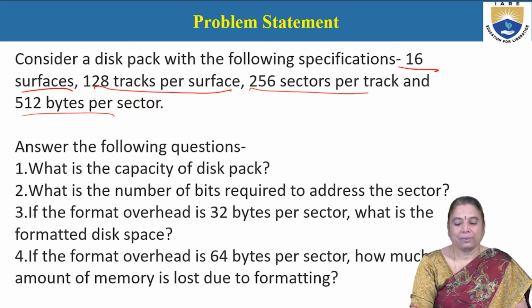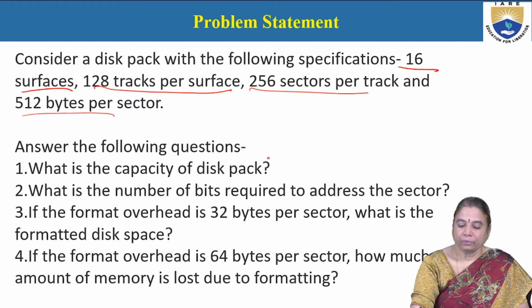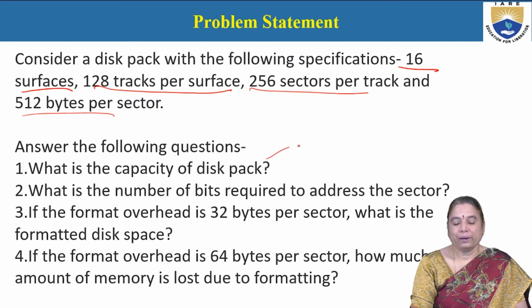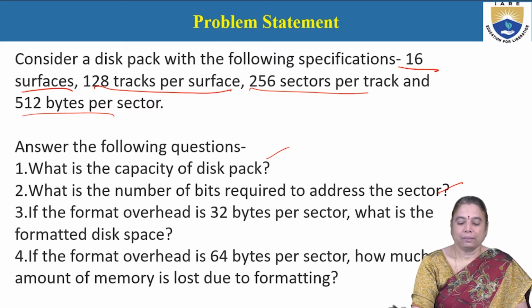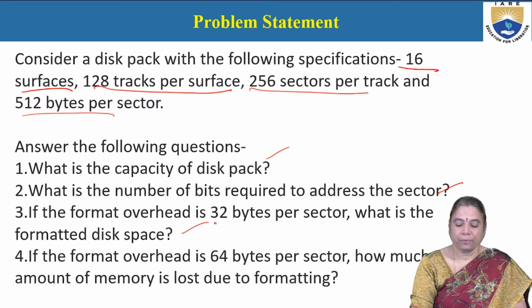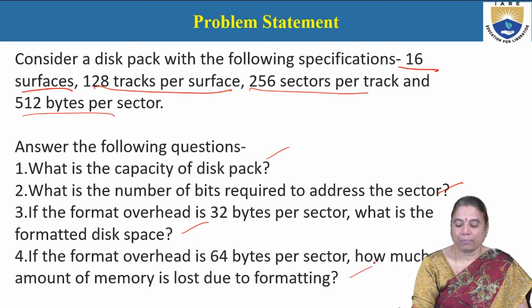What is the capacity of the disk pack? What is the number of bits required to address the sector? If the format overhead is 32 bytes per sector, what is the formatted disk space? If the format overhead is 64 bytes per sector, how much memory is lost due to formatting?